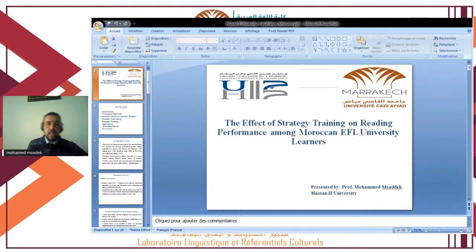So this is the outline of my presentation. We have the introduction, conceptual framework, research objectives and research questions, research methodology, research findings, implications, recommendations, and then conclusion. As we know, the strong correlation that exists between metacognition and the reading process has earned intense interest among many researchers.